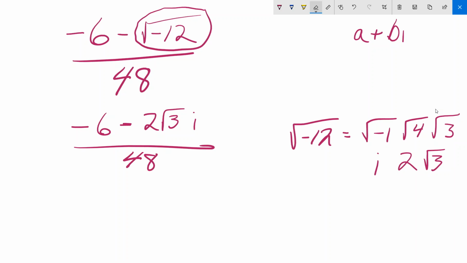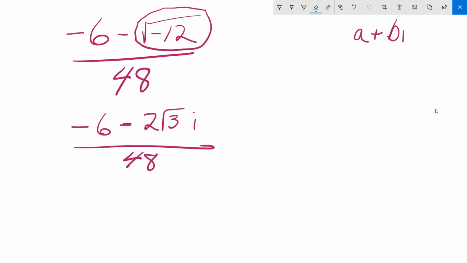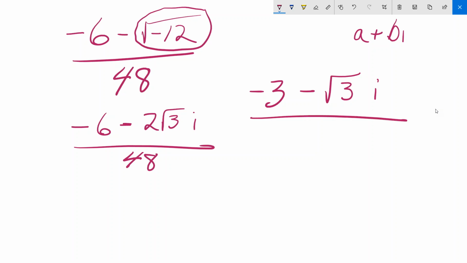Now, I can simplify that a little bit. What can I do? No, but I can divide top and bottom by 2. So I immediately reduce it to -3 minus root 3i all over 24.